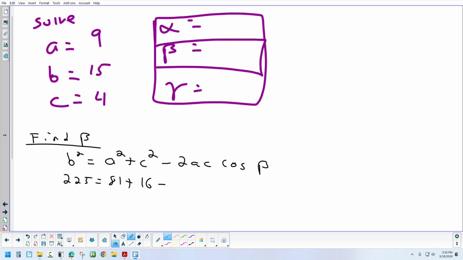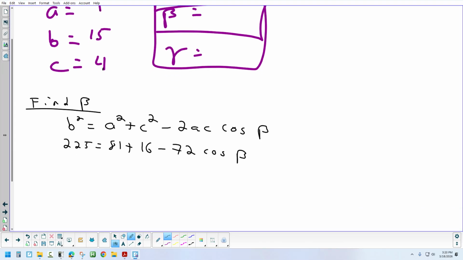Well, let's do 2 times C first. What's 2 times C? 8. What's 8 times 9? 72. Okay, we can combine like terms. What's 81 plus 16? 97.